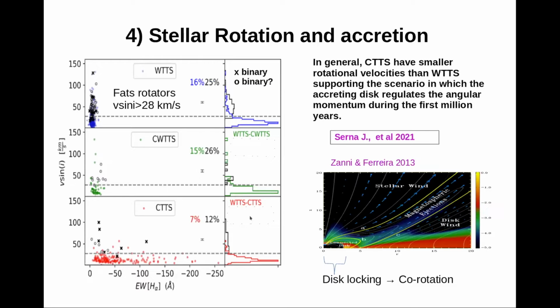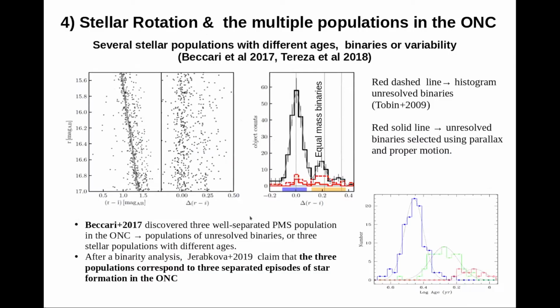Now, I would like to talk about stellar rotation and the multiple stellar populations detected in the Orion Nebula Cluster by Beccari in 2017.